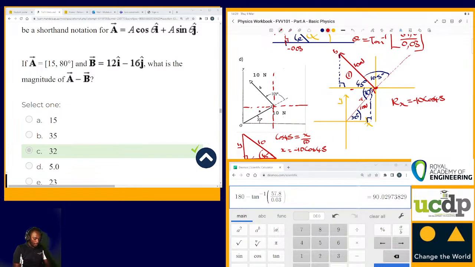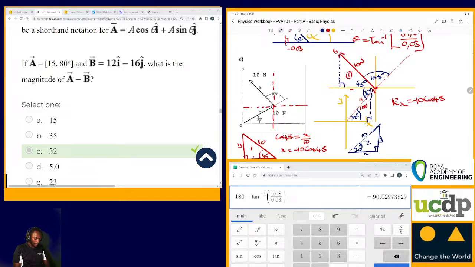Then we come on to triangle 2. So this is triangle number 1. We're going to redraw it there. It's 30 degrees, and this is our hypotenuse, and this is our x-axis, the y-axis.